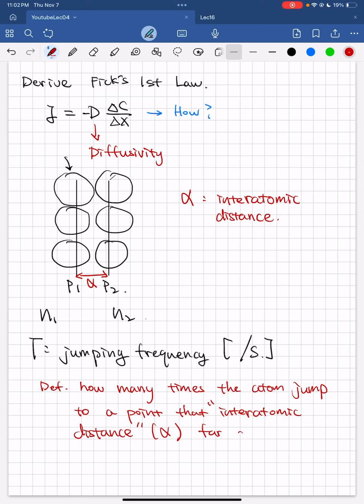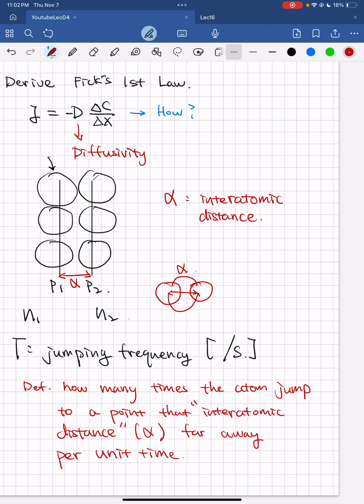Far away per unit second, per unit time. This is what jumping frequency means. So when it jumps once, it will only jump with a distance alpha. Every time it jumps with a distance alpha, right? That's what I mean.